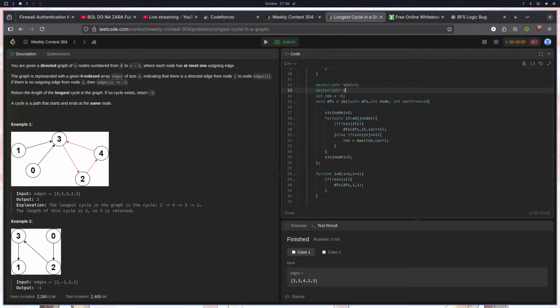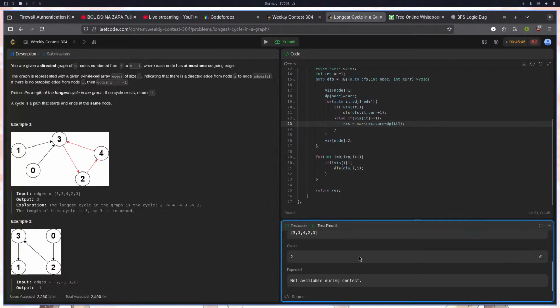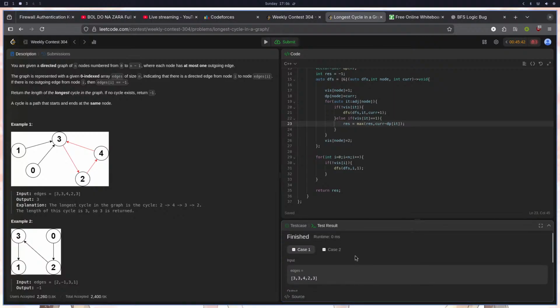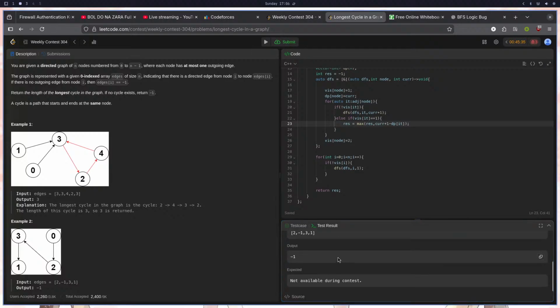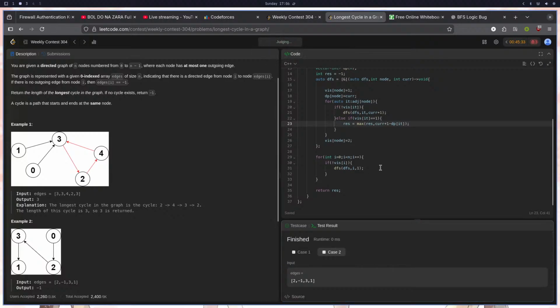Vector in DTN, dp of node equal to cur minus dp of node, dp of id and 2, cur plus 1, and then submit.